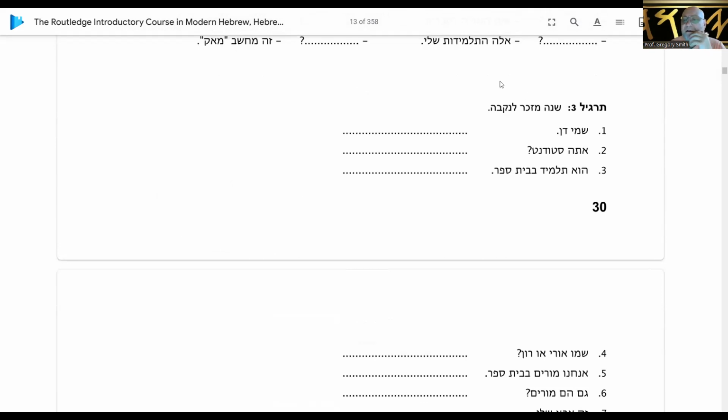In other words, this says shana. I think this is masculine and feminine, to feminine. In other words, it's probably "shana mizachar lenekeva."